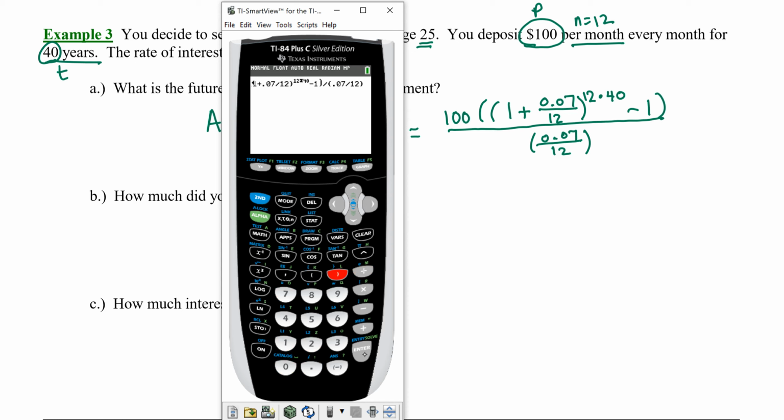Okay, drum roll, you ready? Your retirement future value would then be $262,481.34.